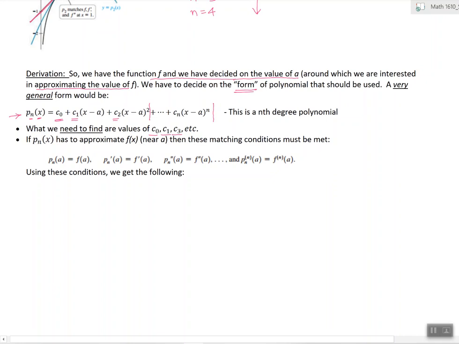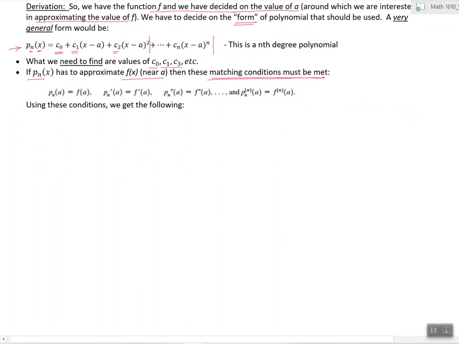If I know these values, then we have the polynomial that we are looking for. Now if the polynomial has to approximate the function near a, then these matching conditions must be met. Okay, so let's see what these conditions are saying. Suppose this is our function and this is my a.